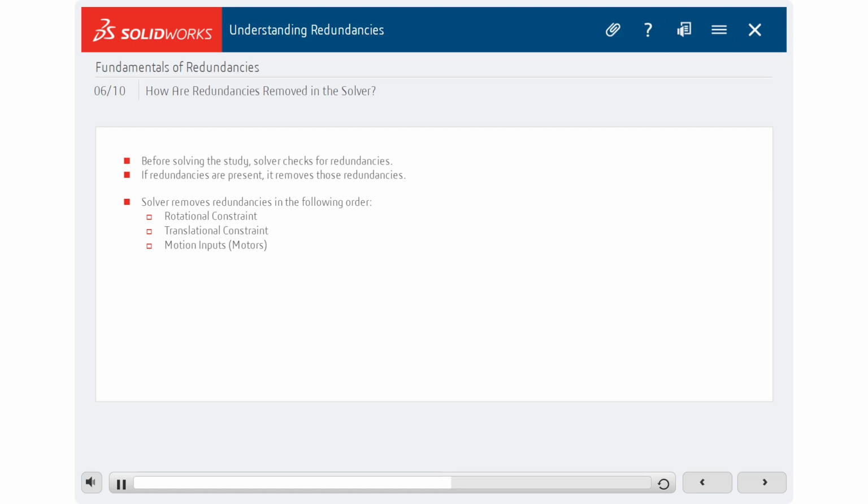If it cannot remove any rotational constraints, it will then try to remove translational constraints. If it cannot remove any translational constraints, it will then try to remove an input motion. If all these attempts fail, the solver will abort with a message instructing the user to check for redundant or inconsistent constraints in the mechanism, or to see if it is in a locked position.